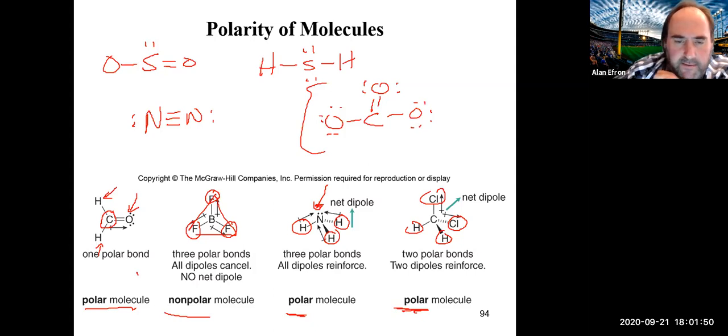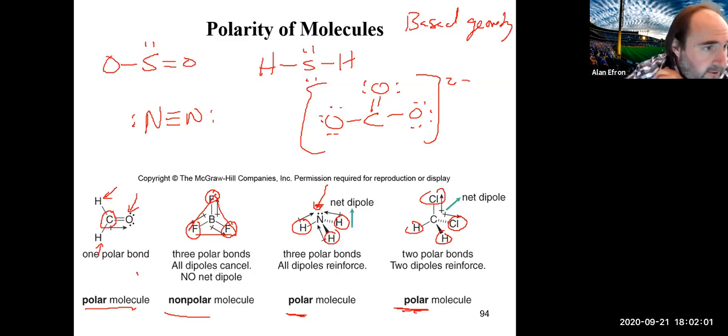Okay, take a second or two and figure out, are these going to be polar or nonpolar? Just based on geometry, nothing else. So just based on geometry, will these be polar or nonpolar?